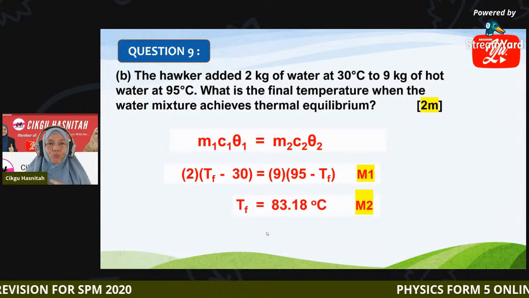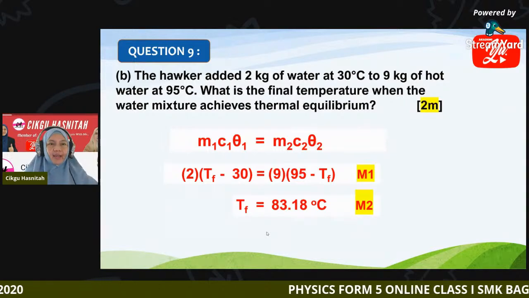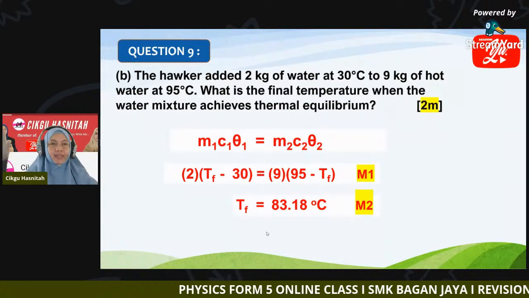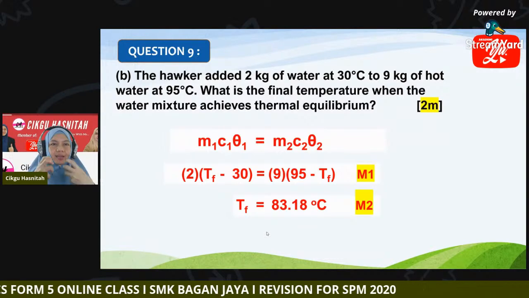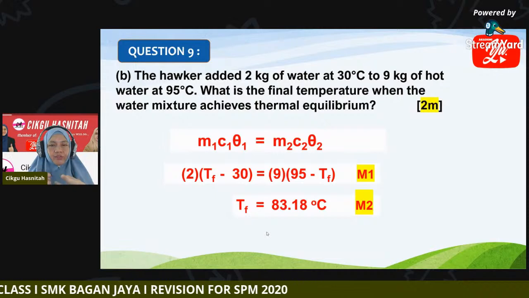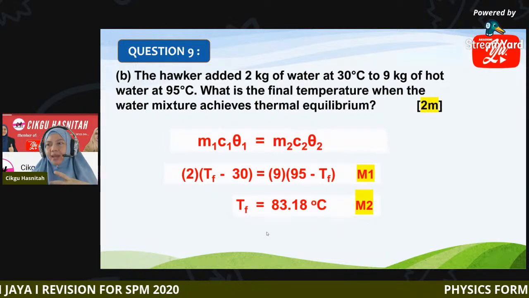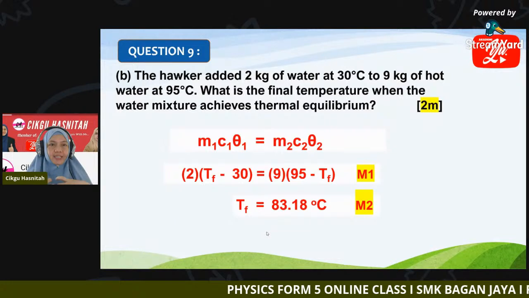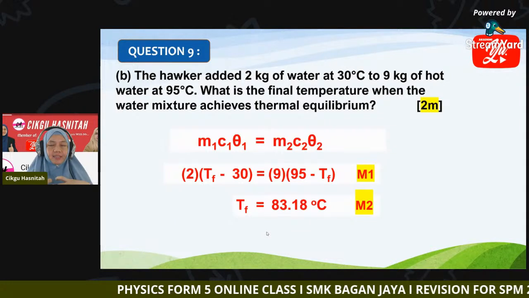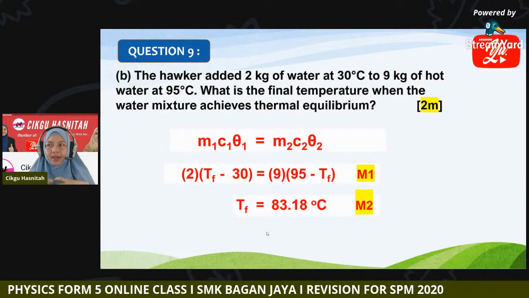So water at 30 degrees Celsius added with water at 95 degrees Celsius, finally after thermal equilibrium is achieved, the final temperature of both will be 83.18 degrees Celsius.